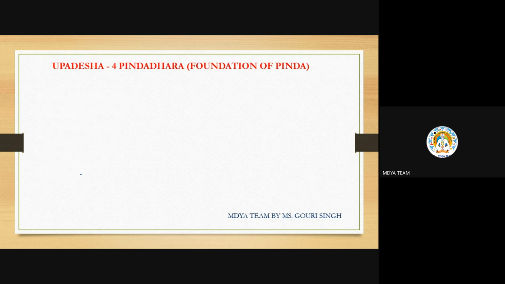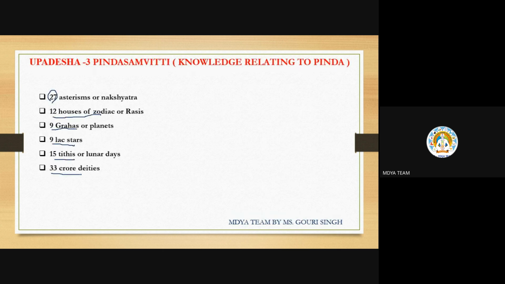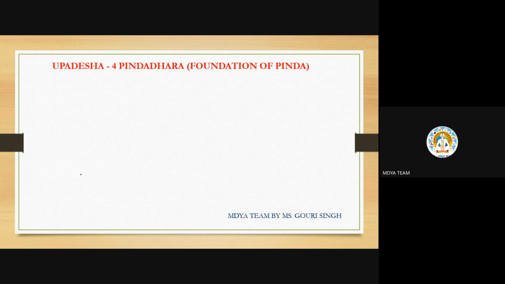Then next, after knowing this deep knowledge, he discusses in the fourth chapter who is the creator, who is creating this energy for this pinda, or this body. Who is the creator? That is the Nija Sakti. Here it is discussed who Nija Sakti is. That is the combination of Kula and Akula.